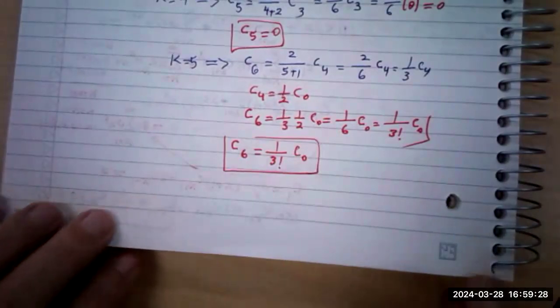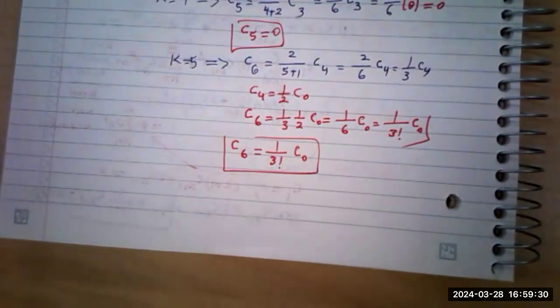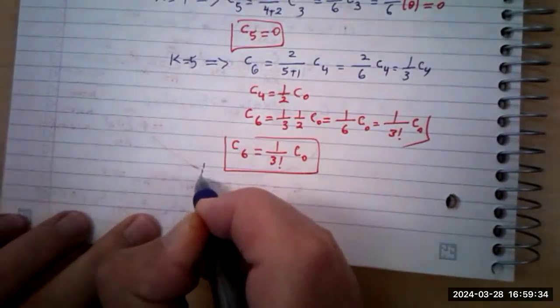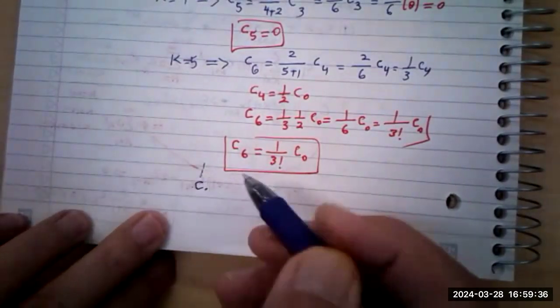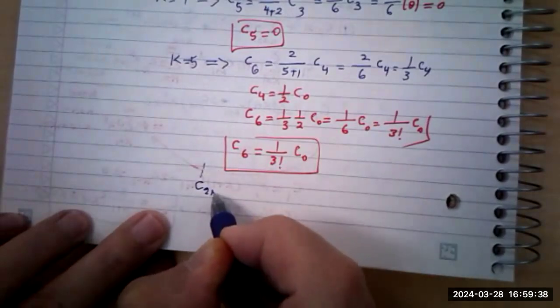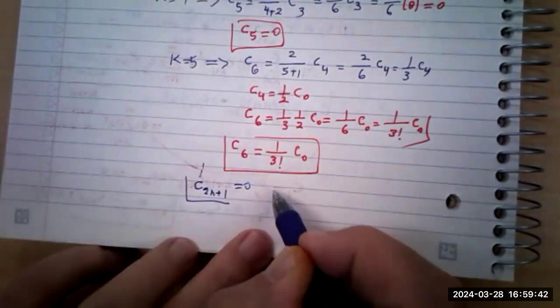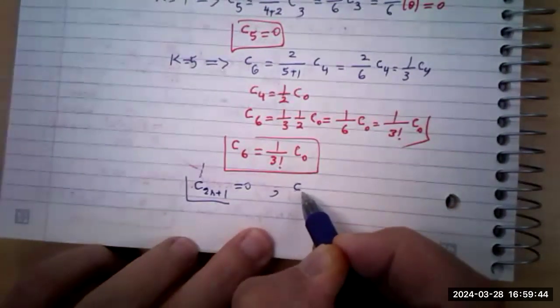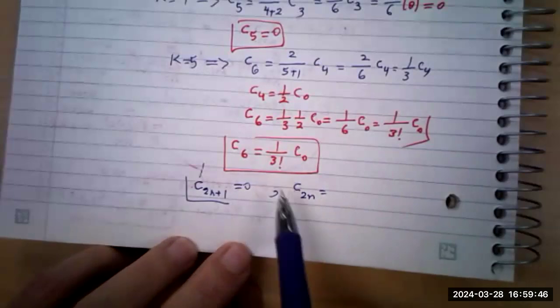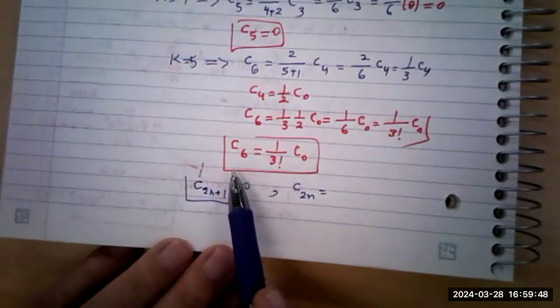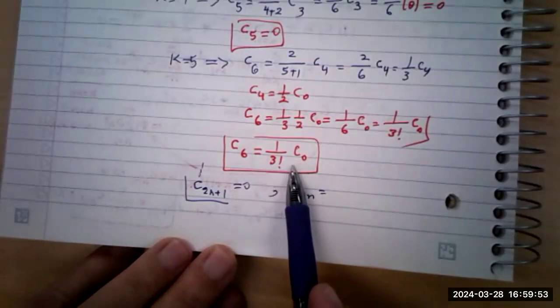Okay, and then you can continue. As you can see, if you get the odd indexes, they are all zeros. If you continue, you would find out that C of 2n plus 1 is equal to 0. And in the case of the even ones, C2n, you see the even? This is 6, 2 times 3, 3 factorial.